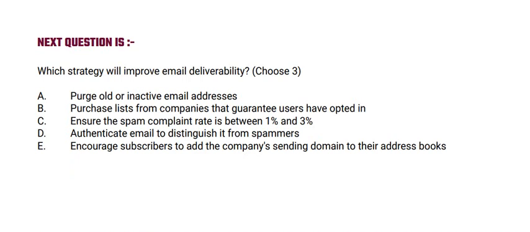Option C, ensure the spam complaint rate is between 1% and 3%. Option D, authenticate email to distinguish it from spammers. And option E, encourage subscribers to add the company's sending domain to their address books. The correct option is option A, D, and E.